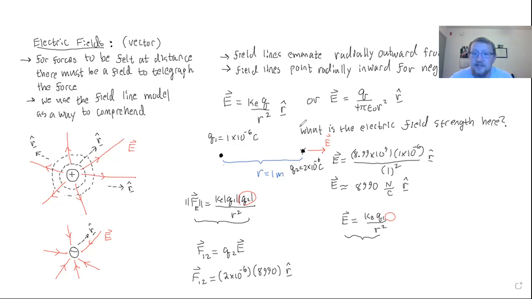Now you'll notice if Q2 is a negative charge, that would flip this and they would be attracting. So that works well. So 8,990 times 2 times 10 to the minus 6, and we get the same result as the last video, about 0.018 newtons. In this case, I'll say it's in the r hat direction, or radially outwards from Q1.